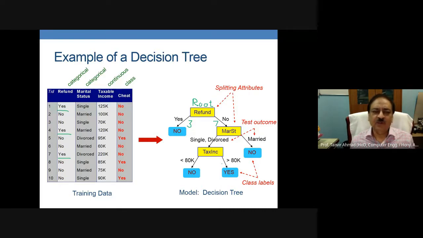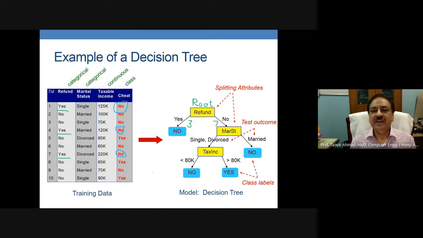Now, you check the output of all the yes, and you find that all the 3 are no. It means that if the refund status is yes, there is no cheating. And therefore, this branch is a pure branch.